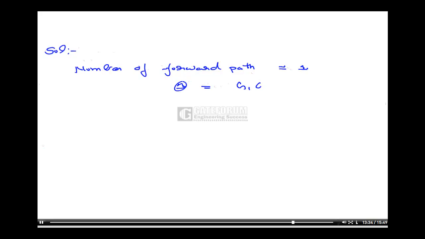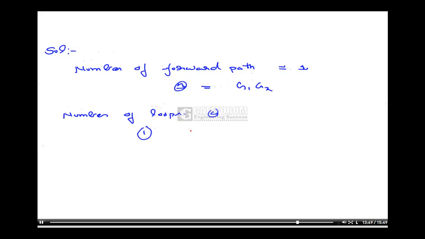Now solving the problem, first looking at the number of forward paths, which is equal to 1, that is G1 G2. Now the number of loops in this case is 4.